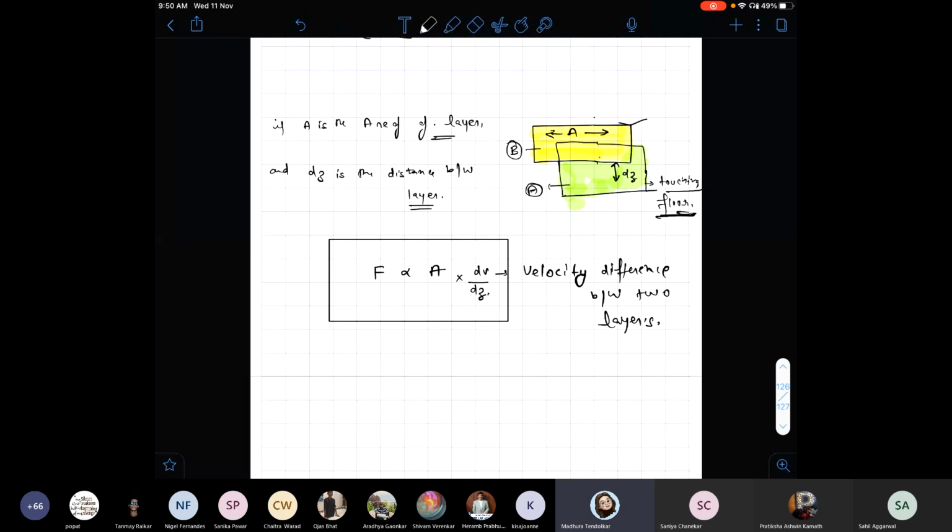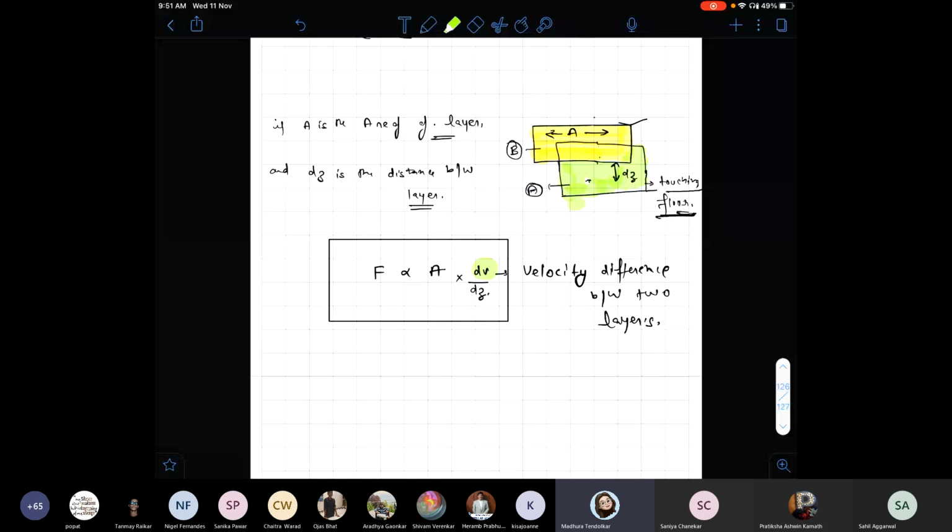The layer which is touching the surface will be almost static because it will feel maximum friction. The layer above it, which is not directly touching the surface, will have more velocity. So there will be some velocity difference, right?